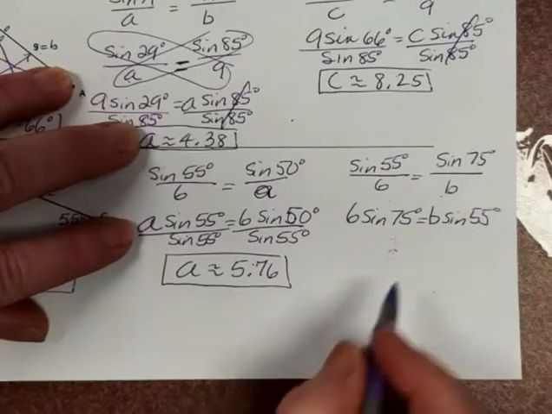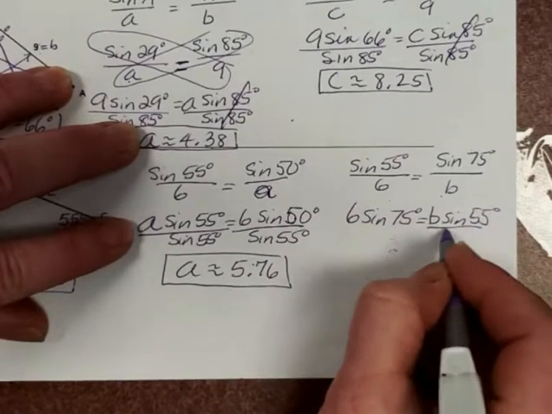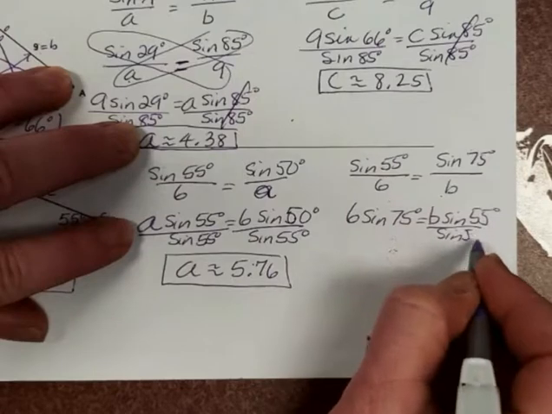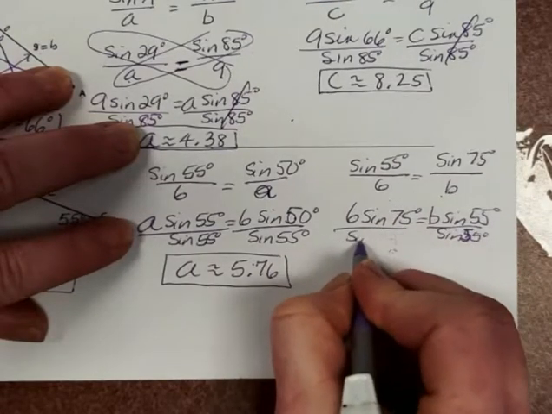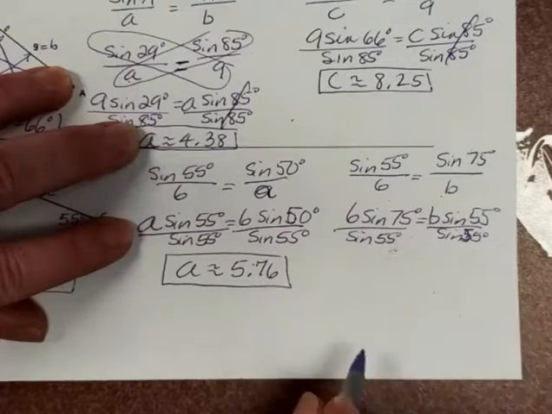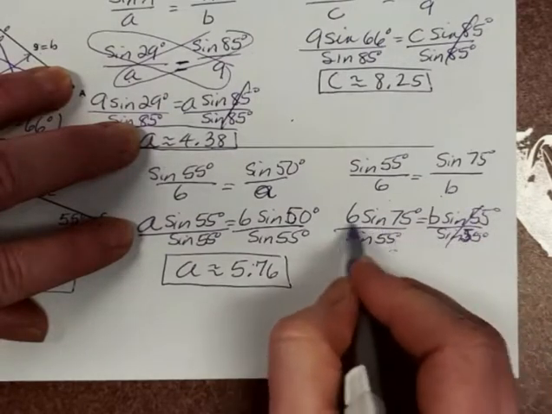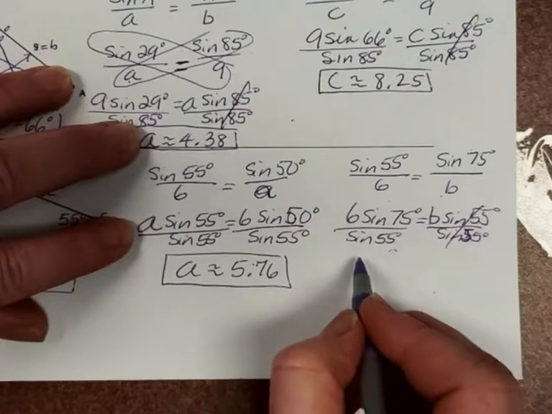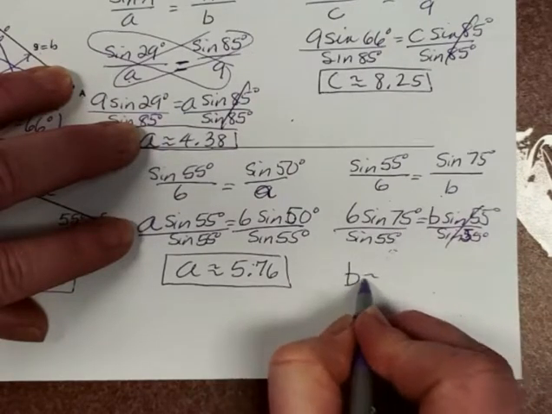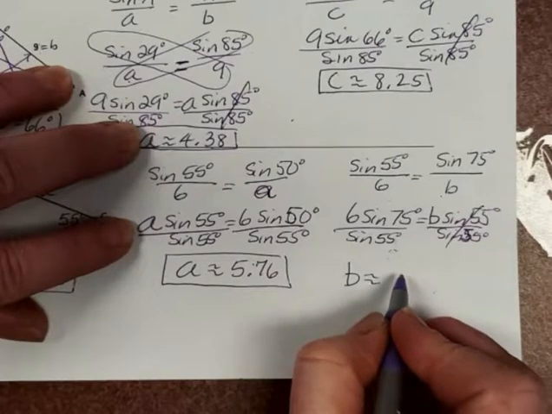And to solve for b, all I need to do is divide each side by the sine of 55 degrees. I'm not going to go through that, but if you do 6 times the sine of 75 degrees, and then divide it by the sine of 55 degrees, you'll get that b is about 7.08.